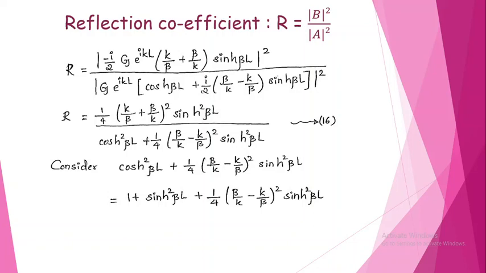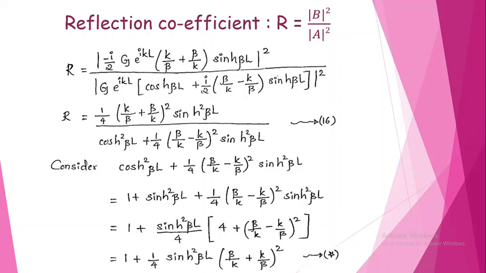So we are using that formula and substituting. In the second and third terms we can take sinh square beta L common, and when we simplify, the denominator is equal to 1 plus 1 by 4 sinh square beta L into (beta by k plus k by beta) whole square. Let us call it equation star.